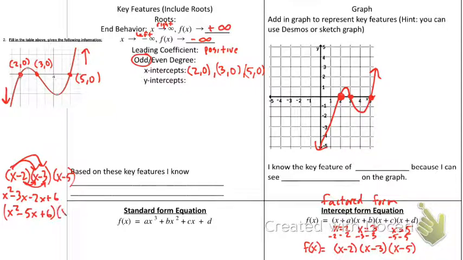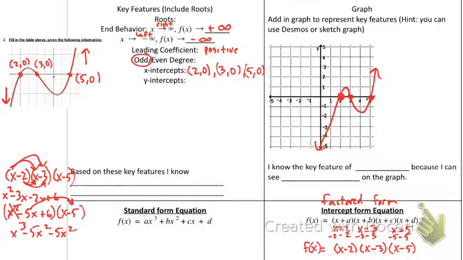Bring down the x minus 5, and we multiply it out again. X squared times x is x to the third, x squared times negative 5, negative 5x squared. We're done with the x squared here. Now we're going to have negative 5x times x. That's negative 5x squared.